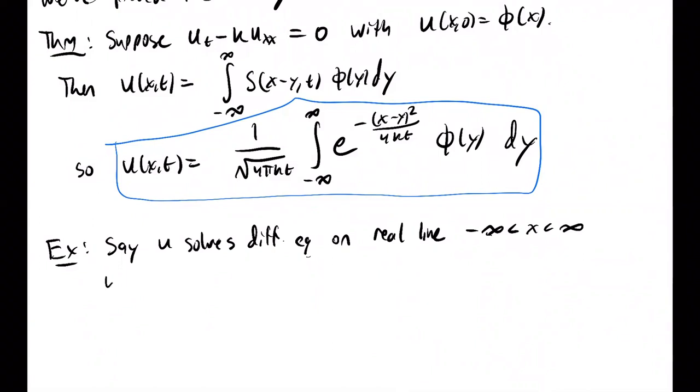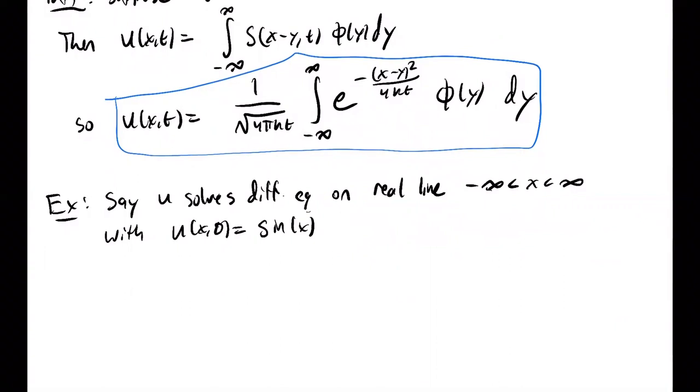And suppose that the initial state of U when t is equal to 0 is given by, I don't know what's a good choice, let's say sine of x, just to be simple, right?